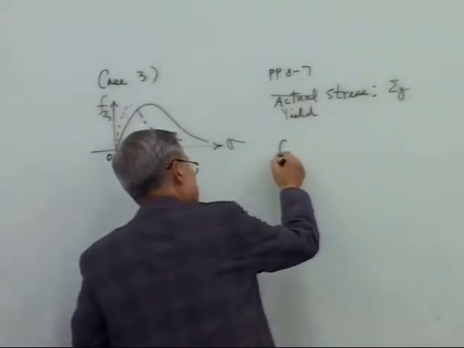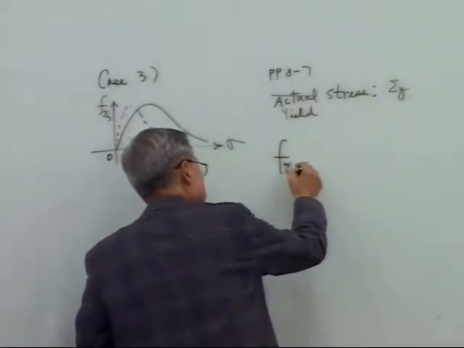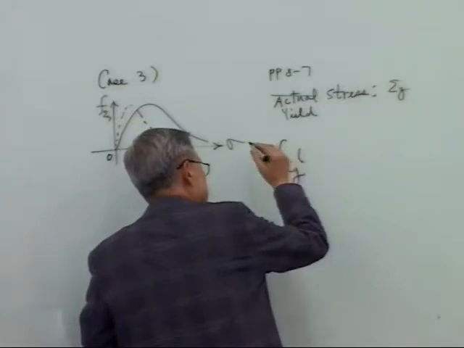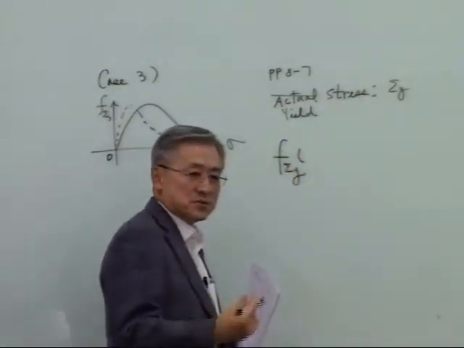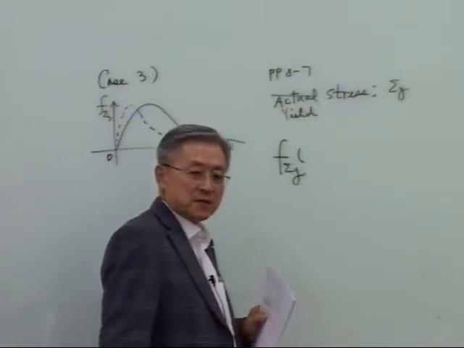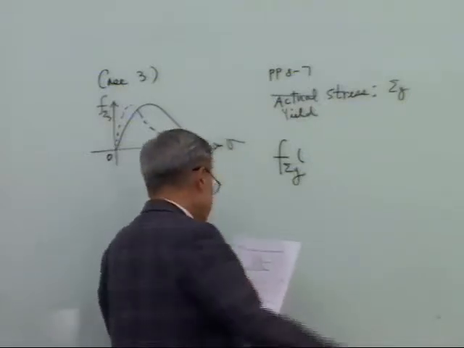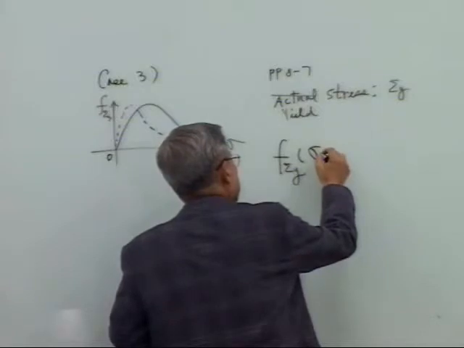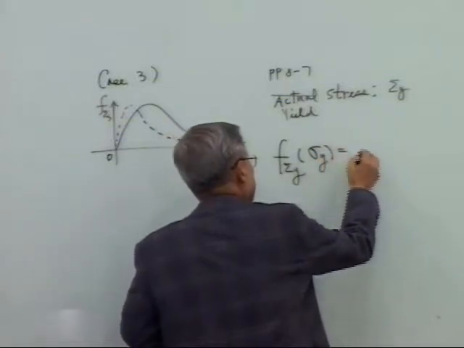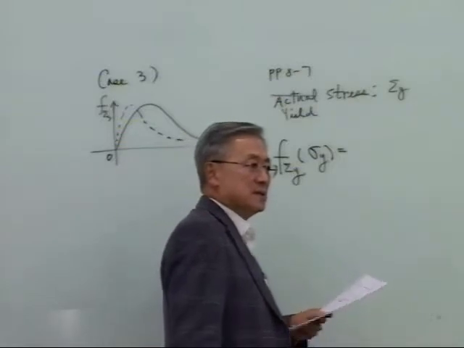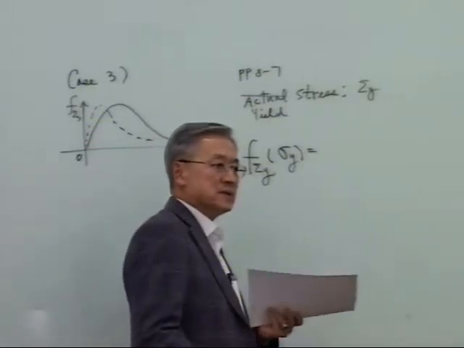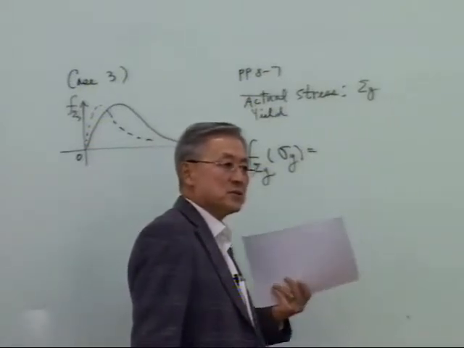Same routine, same procedure. This is the probabilistic model, which means you can define the probability density function of yield stress. Sigma S is what? What's the sigma S? Deterministic, right?